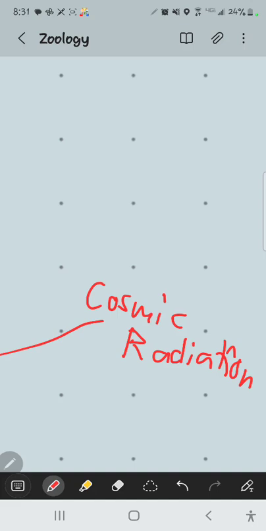So what we've got going on here is nitrogen. Nitrogen has 7 protons, 7 neutrons, and 7 electrons.